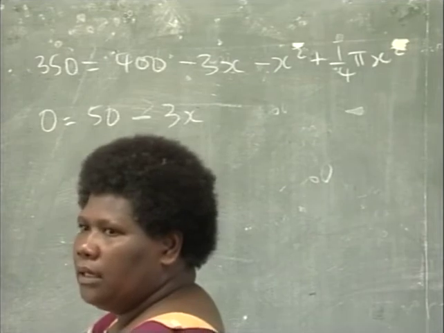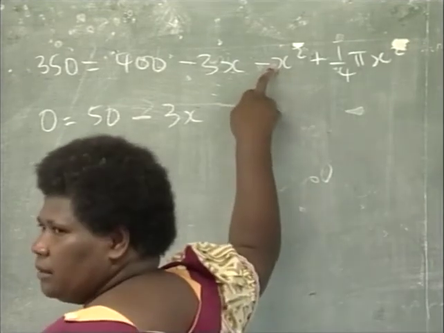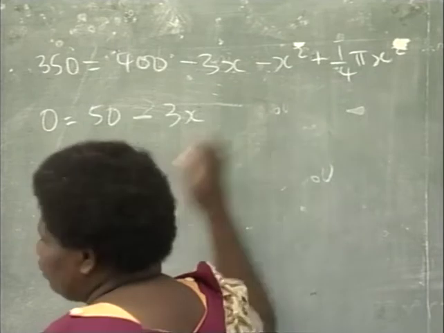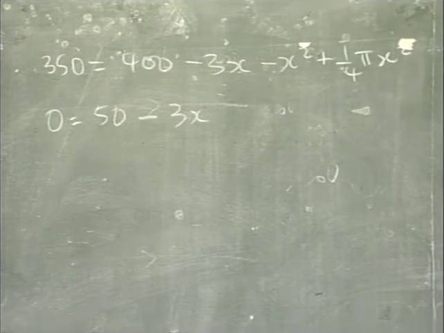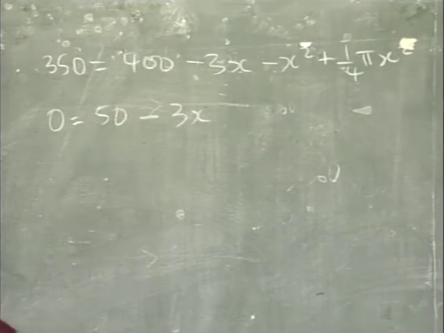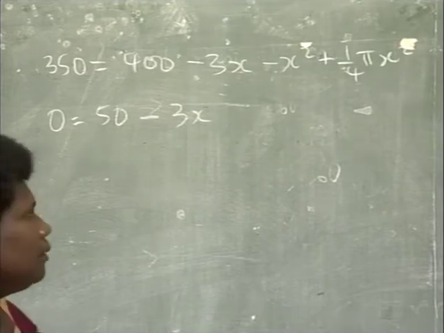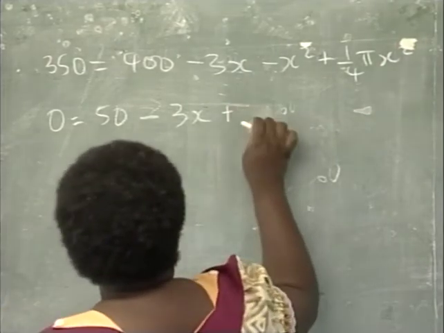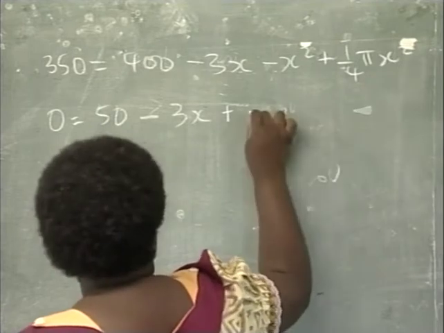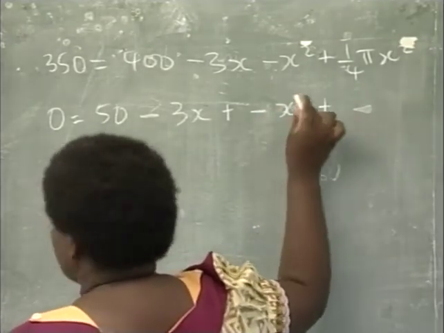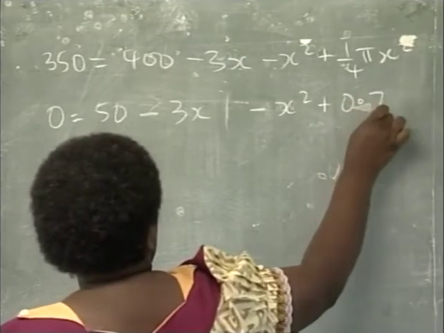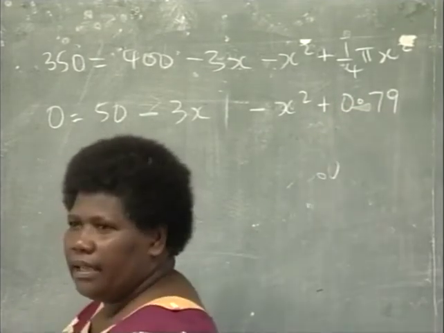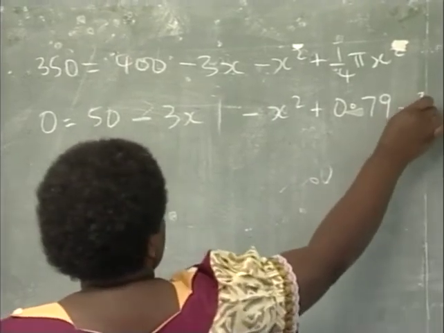Now for this one, if you find the answer to 1/4 of pi and then subtract 1 from it, can I get the decimal to 1/4 of pi, please? That's pi on your calculator divided by 4. 0.79, and it's x squared.